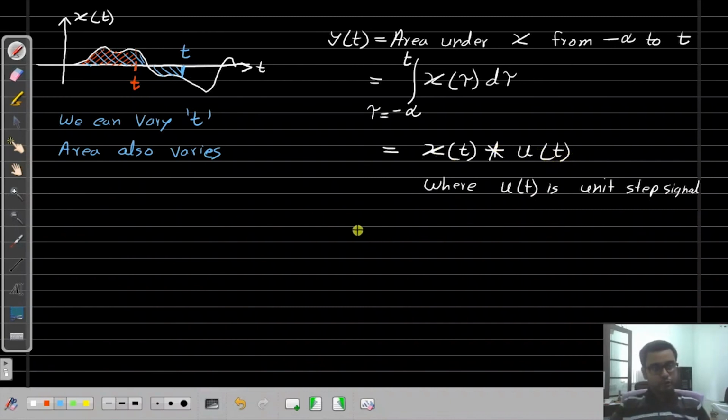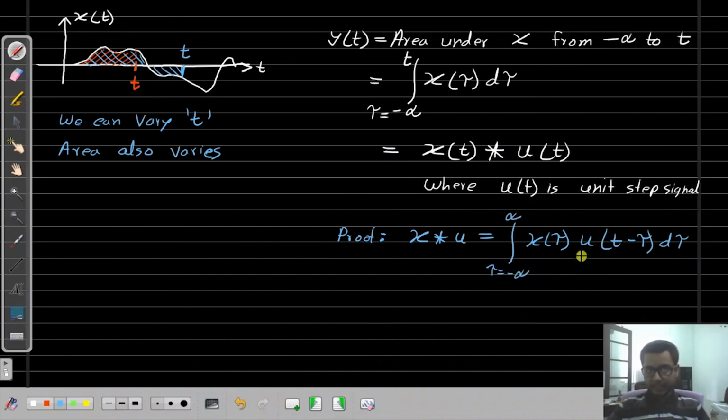What is the proof? The proof is very simple. We know that x star u is given as the integral of x(tau) u(t minus tau) d tau from tau equal to minus infinity to infinity.